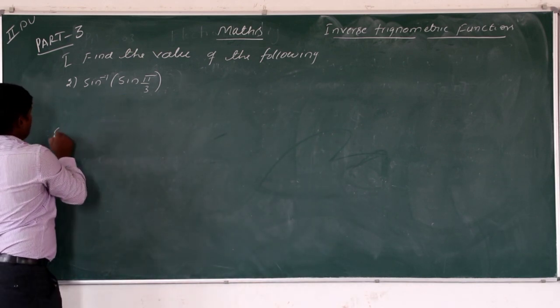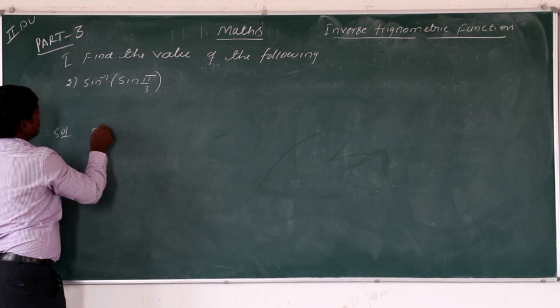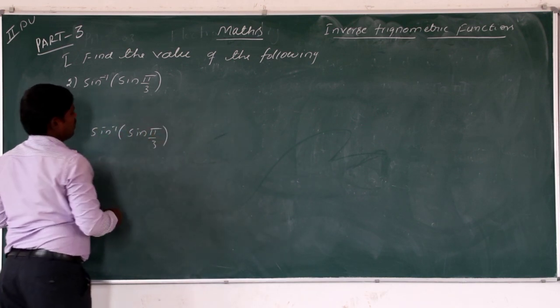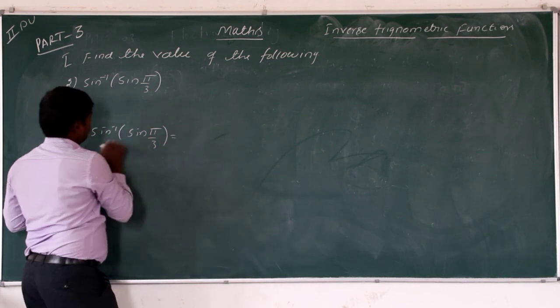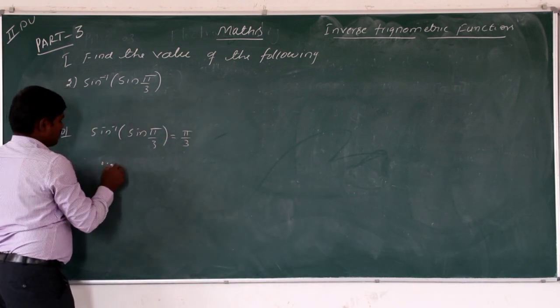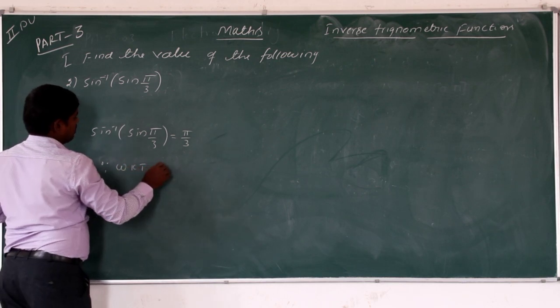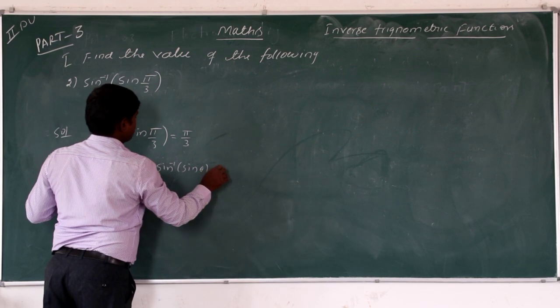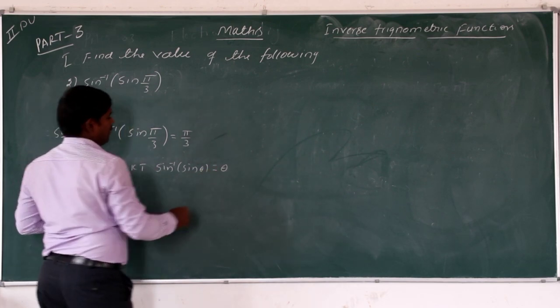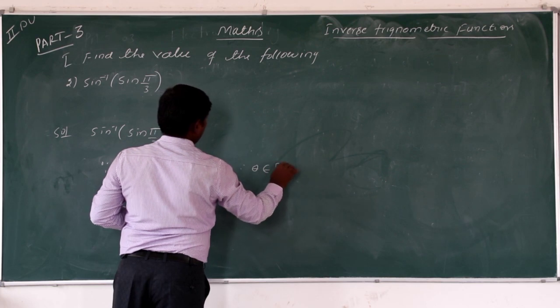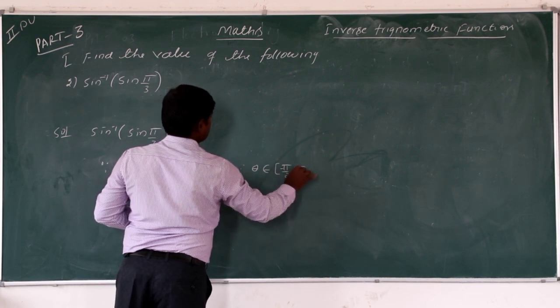Solution: we know that the value is pi by 3, because sin inverse of sin theta is equal to theta if the value of theta lies between minus pi by 2 and plus pi by 2.